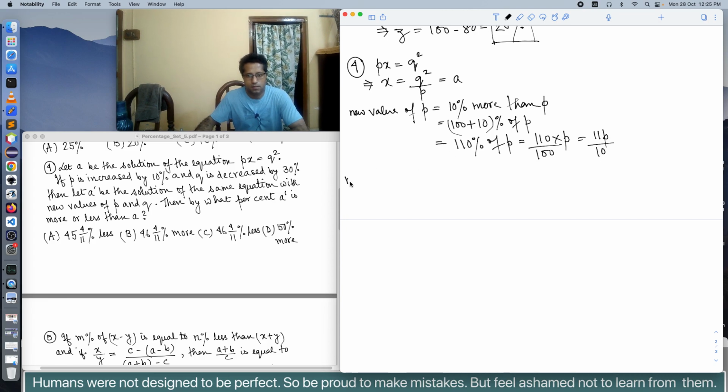Similarly, the new value of q: it is said that q is decreased by 30%.